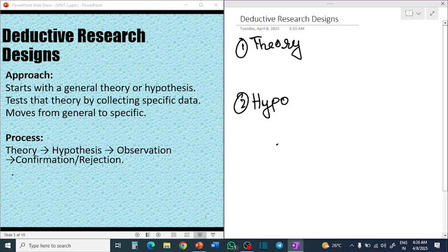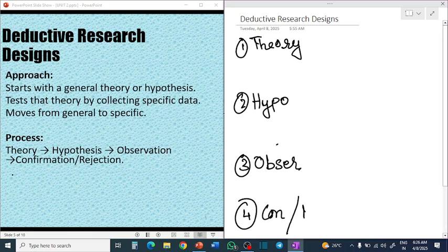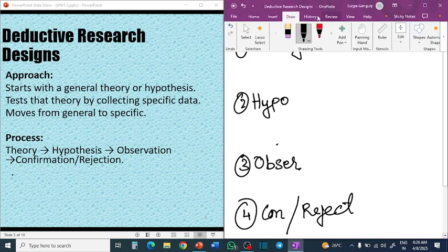You form a hypothesis. Third, you make an observation about the hypothesis, whether the hypothesis is true or not, then you confirm it or reject it. We will understand this by an example.